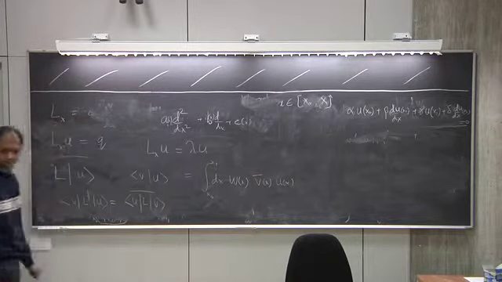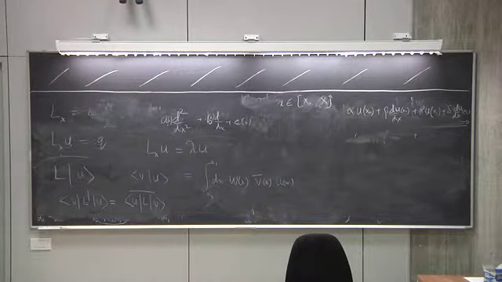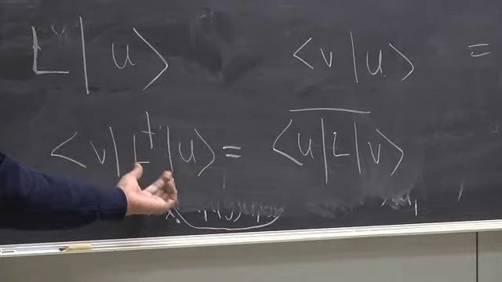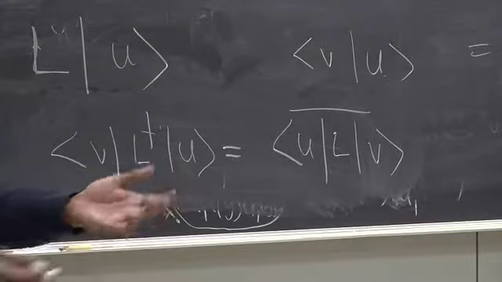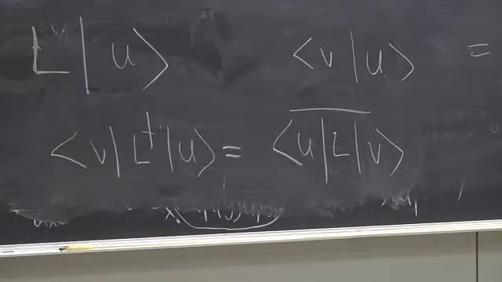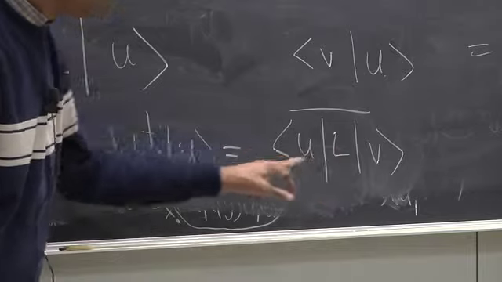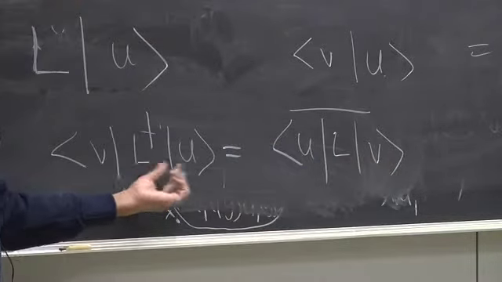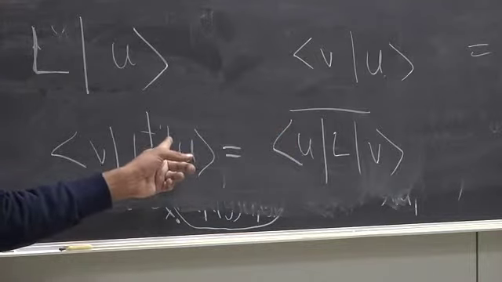We need to get the candidates for what we mean by adjoint operators. What is the difference here? Here L was acting on this vector, while L dagger is acting on that vector.